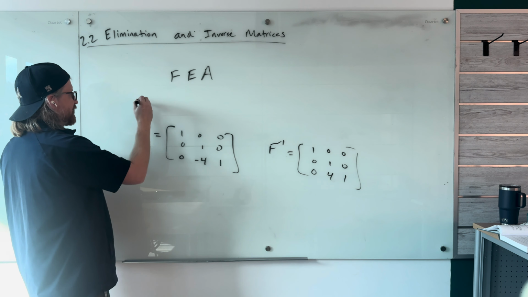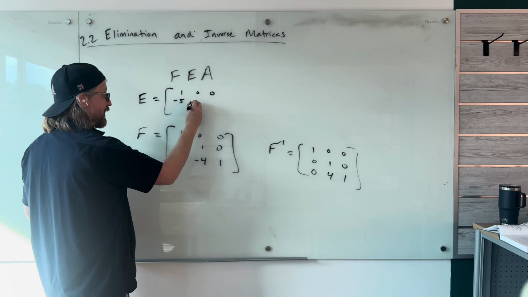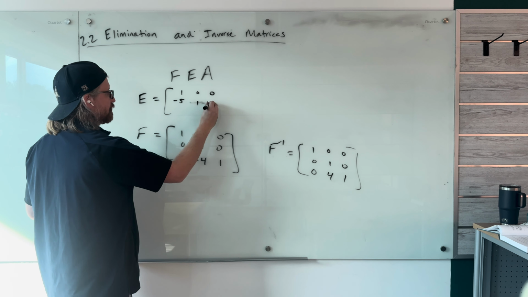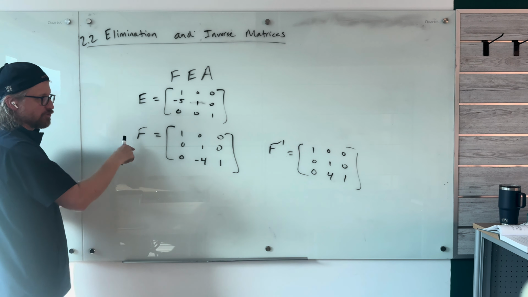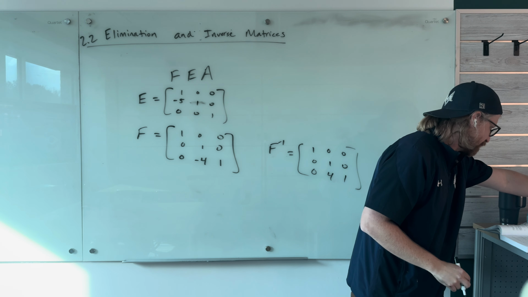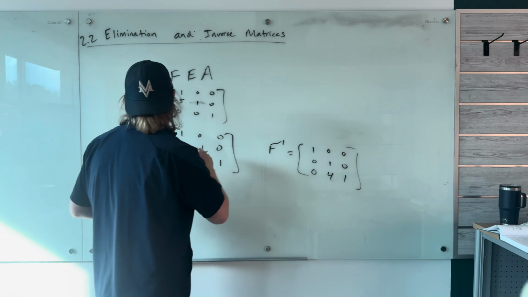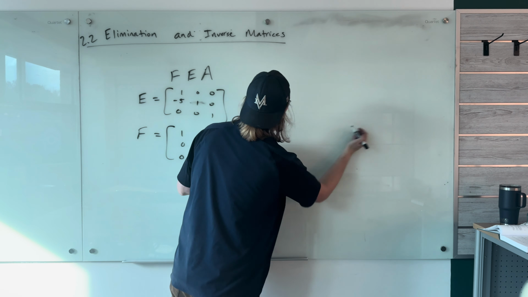And so let's say, for example, I have E, again, was 1, 0, 0, negative 5, 1, 0, 0, 0, 1. Let's go through and do the multiplication here. Let's do F times E in terms of our setup. And let me make sure I have the order. Yeah, okay. So if we were to do F times E, I'm going to write these side by side.